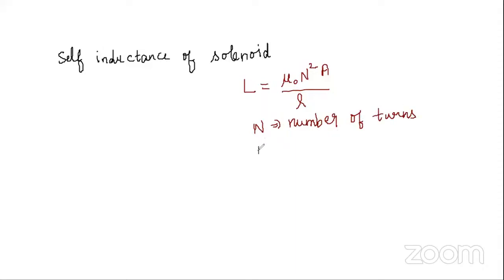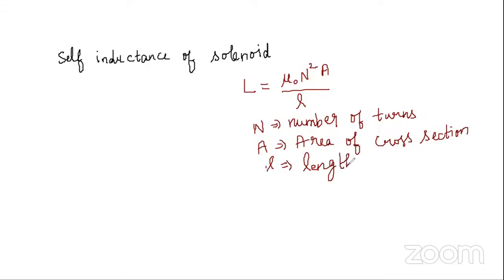And A is the area of cross section of the solenoid. And L is the length of the solenoid. Okay. So this is the formula for finding out the self-inductance of the solenoid.